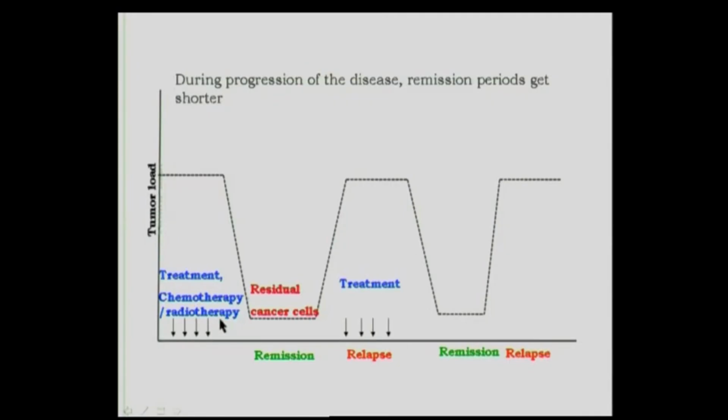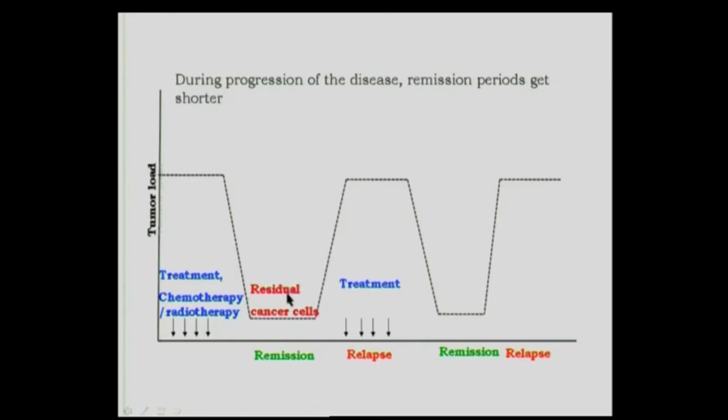In fact, there is a regimen of this. The tumor immediately starts to decrease, the tumor load goes down. The patient now is known to be in a state of remission. There are residual cancer cells which can't even be detected very easily. They are so low in number that even if you have biomarkers here, you will not be able to detect them. So you know that this is a phase of remission.